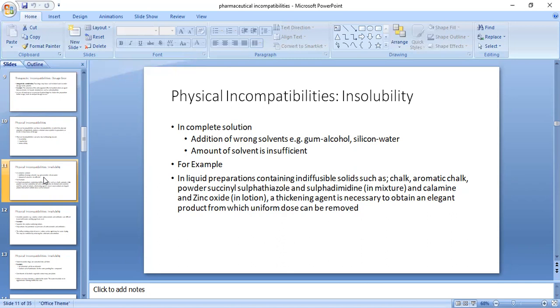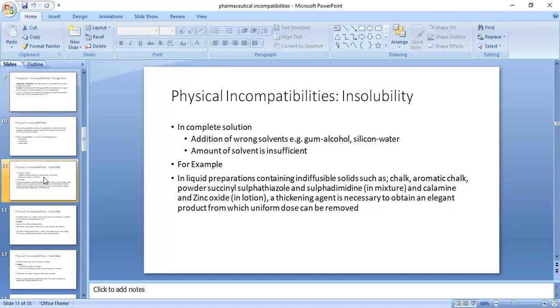For example, in liquid preparations containing indiffusible solids such as chalk, aromatic chalk powder, succinyl sulfathiazole, and sulfadiamidine in mixture, and calamine and zinc oxide in lotion.